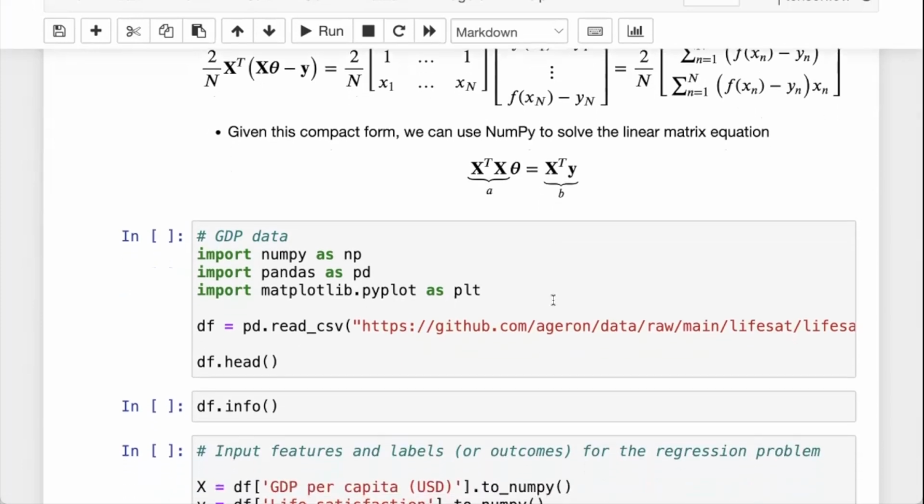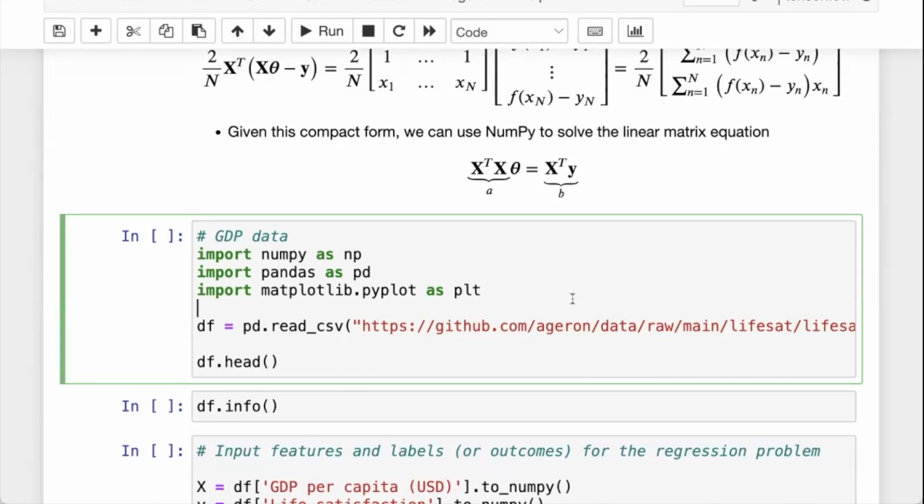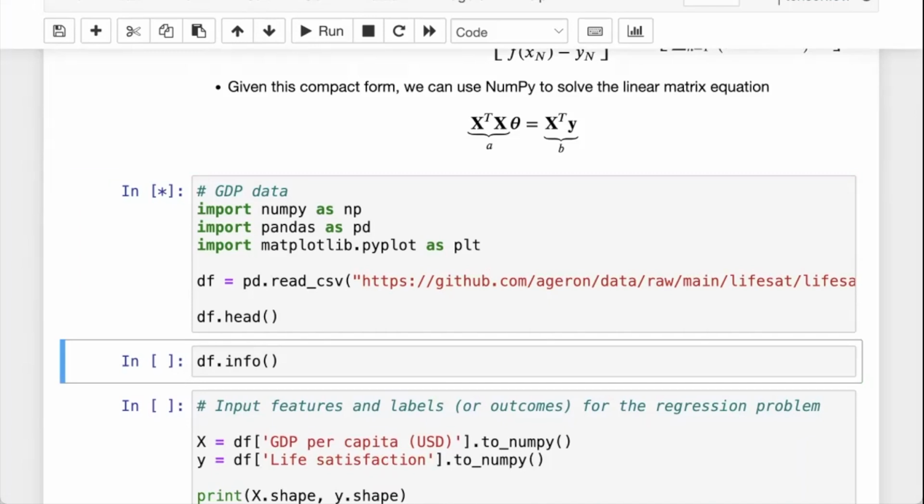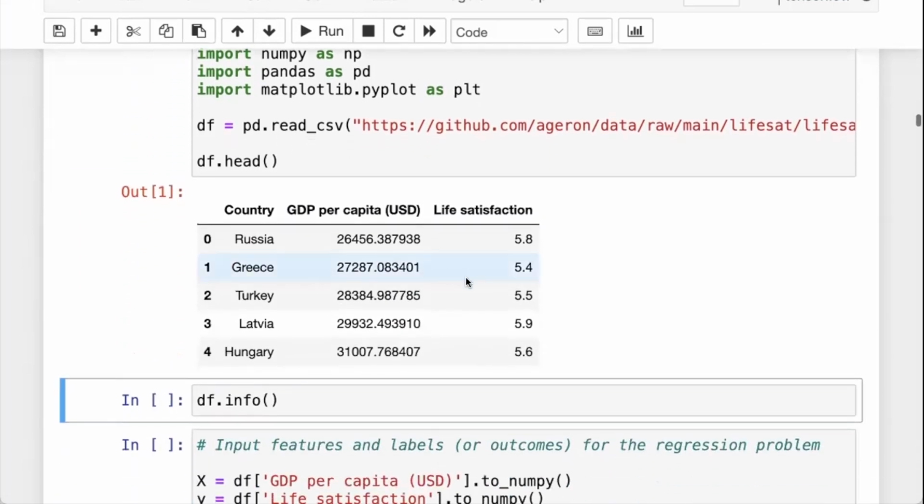In order to show you this, let's look at a real world example. Let's look at the life satisfaction data. This is a data set that has two main columns: GDP per capita, and a life satisfaction score.